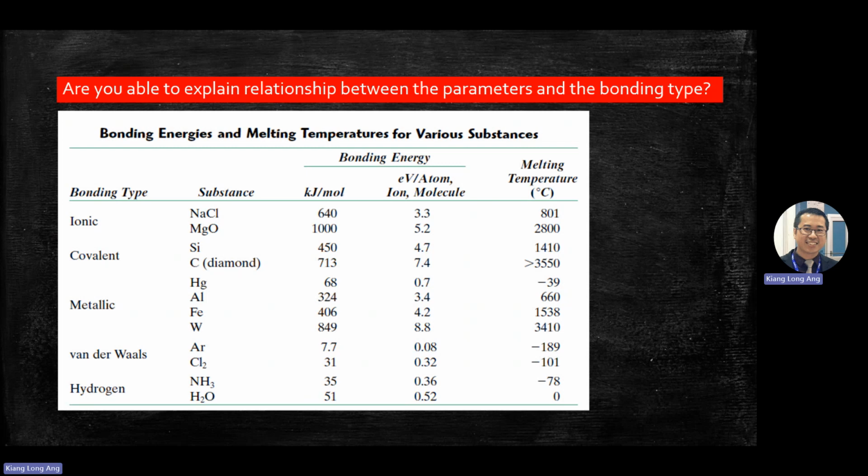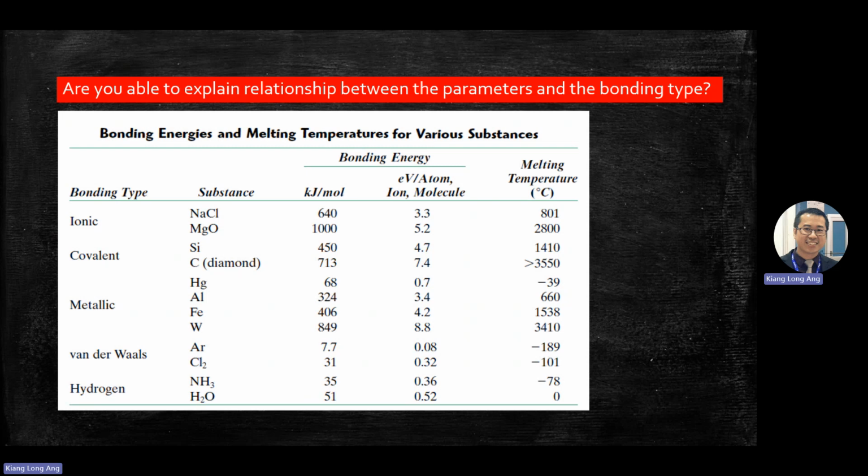You should be able to explain why the bonding energy increases and why the melting temperature increases, using the bonding theory that you learned, primary and secondary.